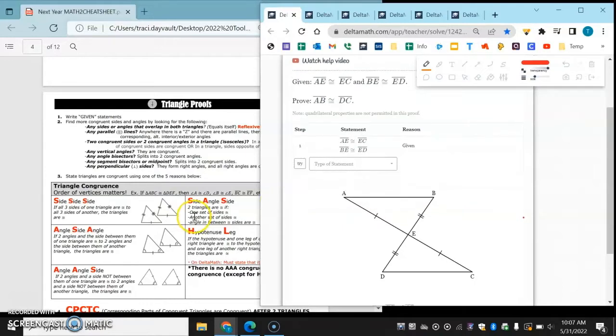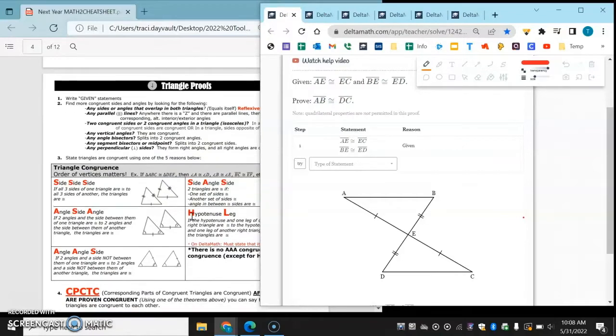So first, let's figure out if we have enough information right now to say that these 2 triangles are congruent. Right now we have 2 sides, and we can't use one of these yet. We need to find another side or angle. So looking through this list, do you see something else that we could use to find another side or angle?